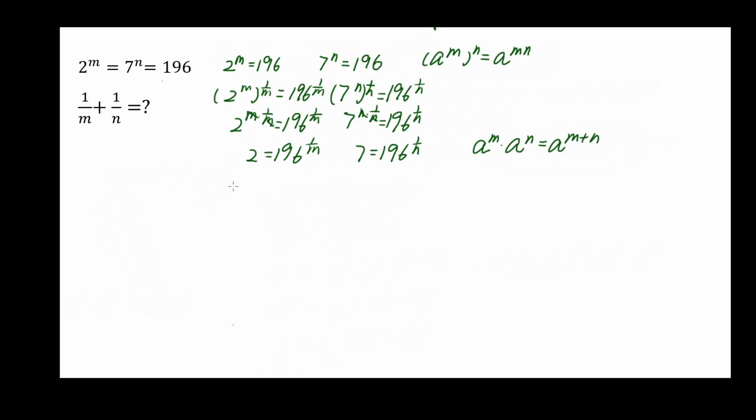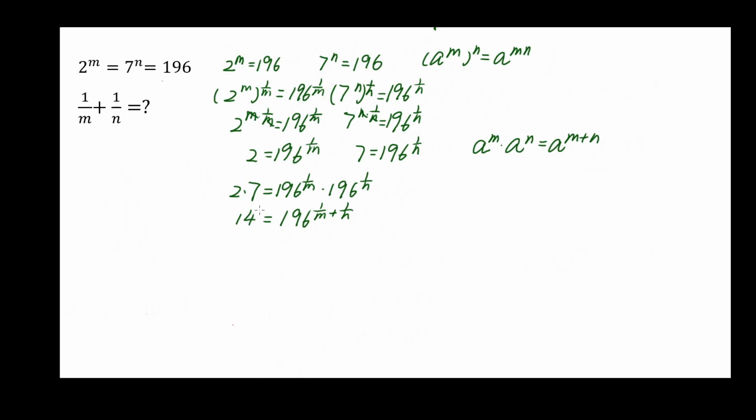That is 2 times 7 equals 196 to the power 1 over m times 196 to the power 1 over n. That is 14 equals 196 to the power 1 over m plus 1 over n.